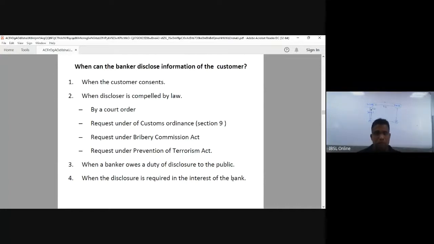So likewise, under these four circumstances, under the common banking law, the banker can divulge the information of the customer to a third party without the consent of the customer. So that is under the common banking law.